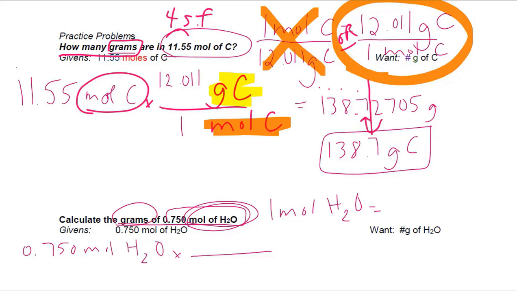So we need to look at my periodic table and figure out what 2 hydrogens and 1 oxygen have as a combined mass. So I'm going to go, okay, my hydrogen is 1.0079. I'm going to times that by 2. And I'm going to add an oxygen, which this periodic table says is 15.9994.